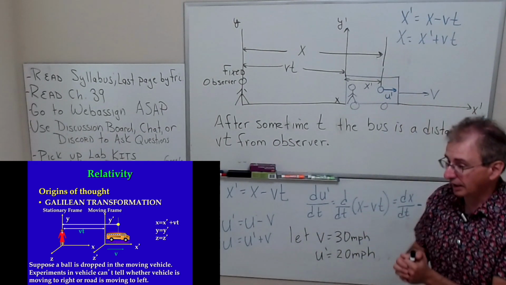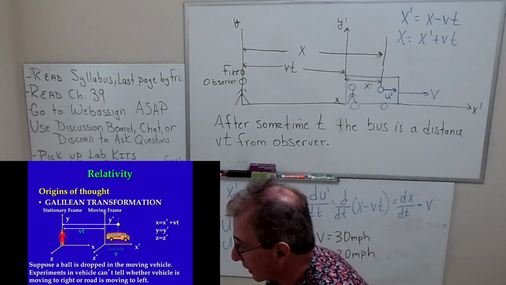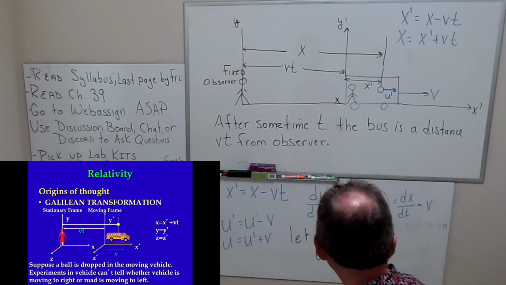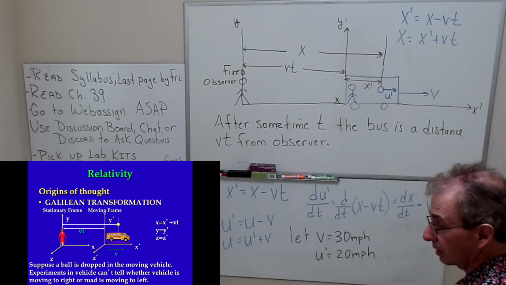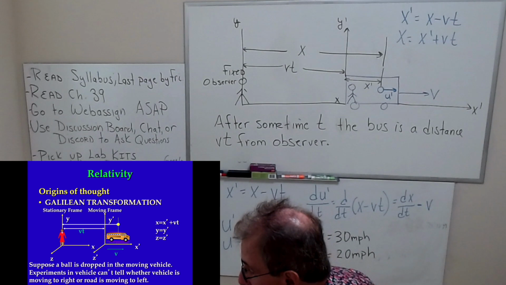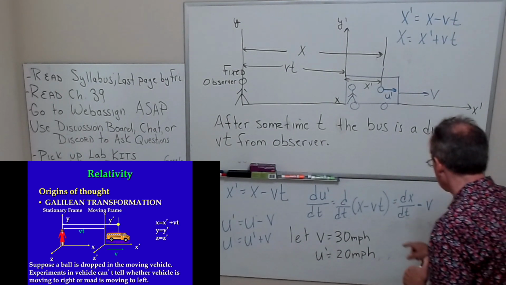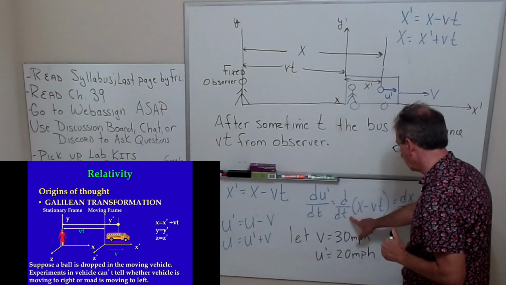There's a question in the chat about how u prime turned into x minus t. I think I understand the question: how did x prime, when you differentiate, turn into du prime over dt on the other side of the equal sign?